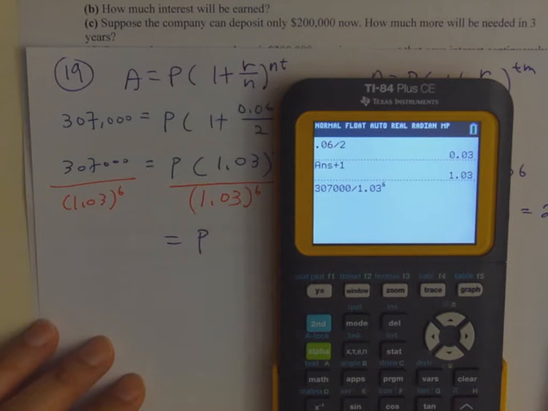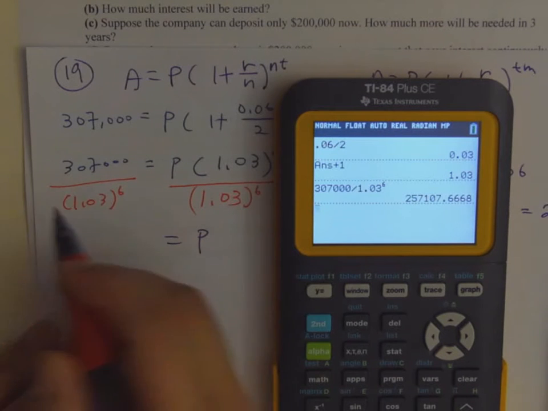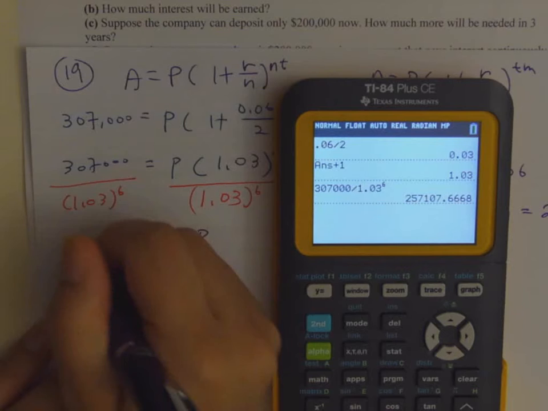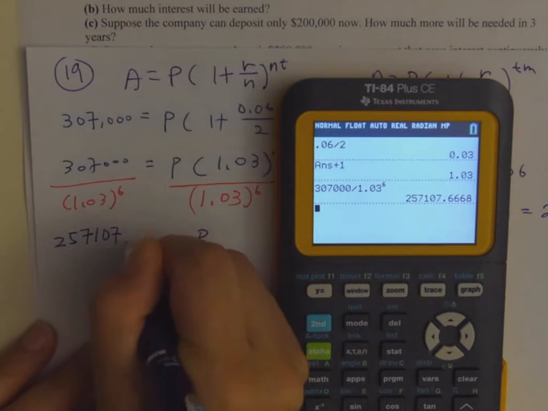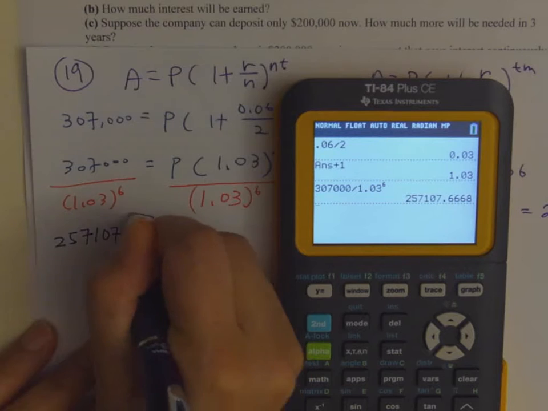So in order to solve for P, all I need to do is get rid of this part, right? It's multiplying with P, so all I need to do is divide both sides by 1.03 raised to the 6th power.